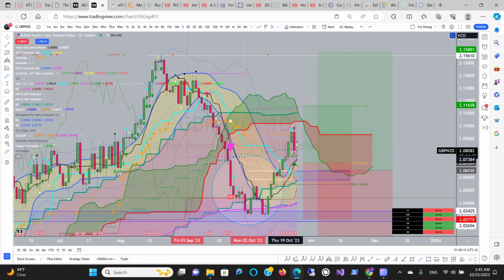Now, before I made this video earlier, I was thinking about taking a short position before I looked at all this, but because I stopped and thought about this for a while, the multiple time frame perspective of the price fluctuation in its relation with cloud and multiple time frame support and resistance, I changed my mind about taking a short here.